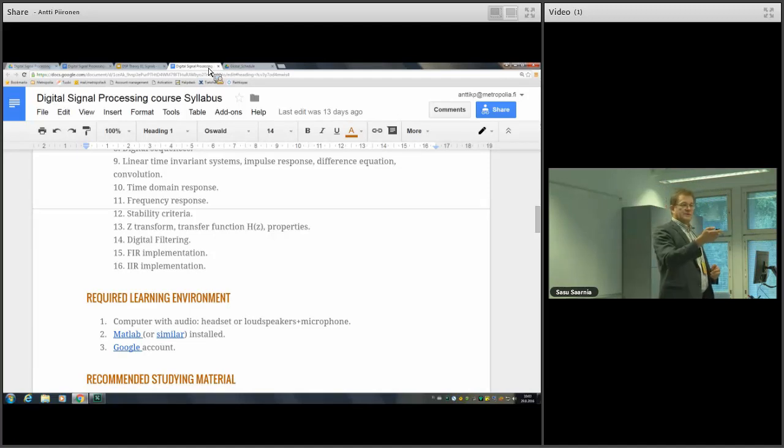Of course, you need the tools, MATLAB or similar, and then a Google account. Is there anyone who does not have a Google account? Okay, good. Still someone without Google.